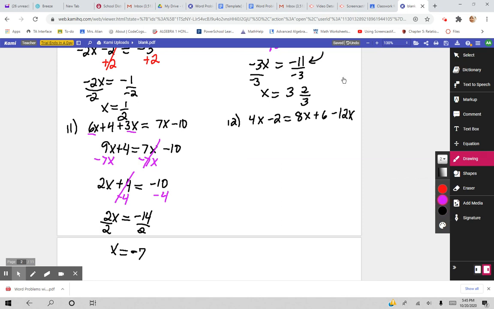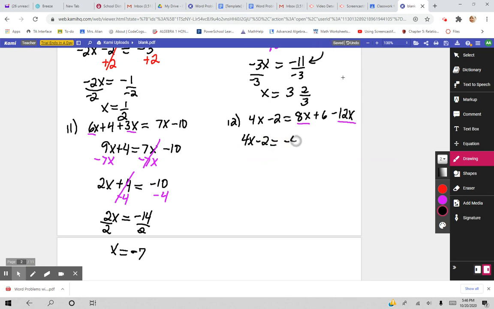Okay, last one, number 12. So do you see that we have 8x and 12x here, minus 12x on the same side here? That is our first step. We need to combine those two. Okay, so we'll copy this side, 4x minus 2, and we'll combine 8x minus 12x.